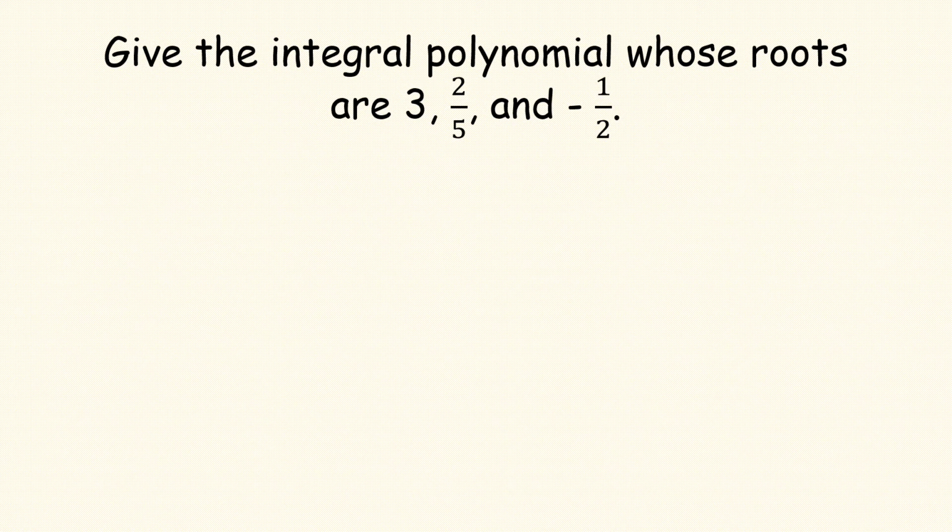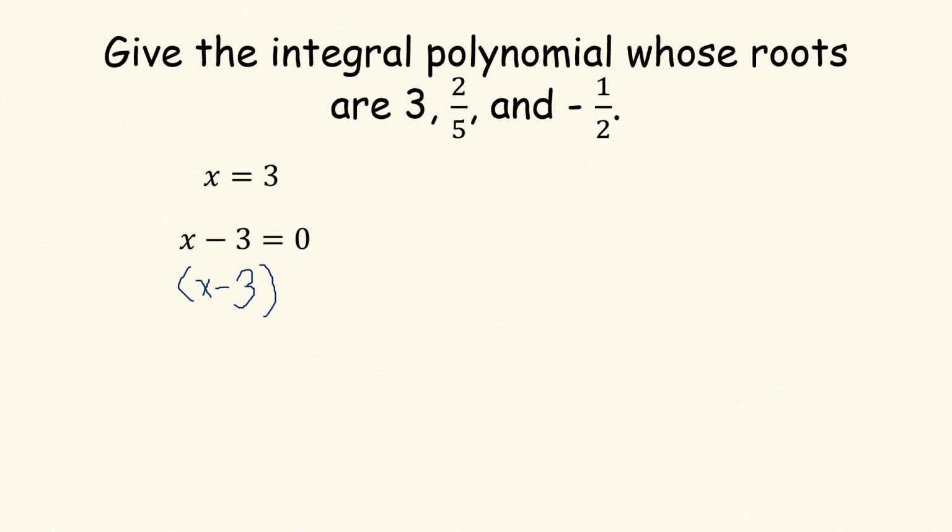Then, after that, ay gagamitin natin yung ating FOIL method para makuha yung ating function. So, unahin muna natin yung 3. So, magiging x is equal to 3 kasi nga siya ay roots. Then, i-equate natin siya sa 0, magiging x minus 3 na lang siya. So, yung first na factor natin ay x minus 3.